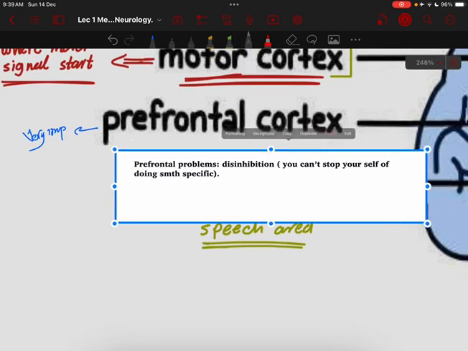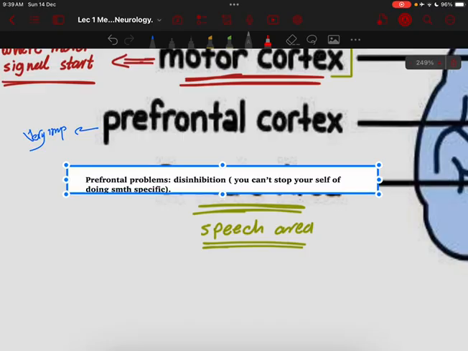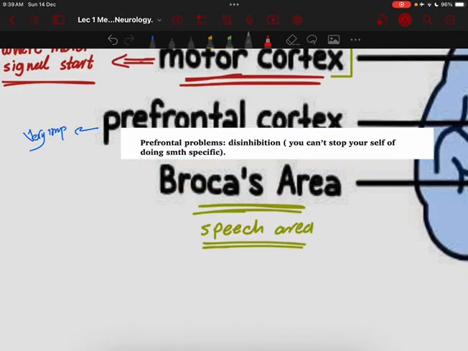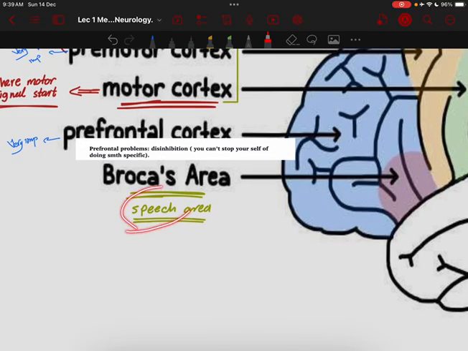Also, in the frontal lobe, we have Broca's area. Broca's area is the motor speech area, because speech, as you will see later on, has two centers, Wernicke's and Broca's.